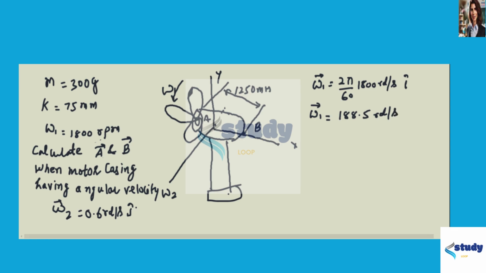The angular velocity will be omega 1 plus omega 2. Omega 1 is 188.5 I cap plus 0.6 J cap radian per second.